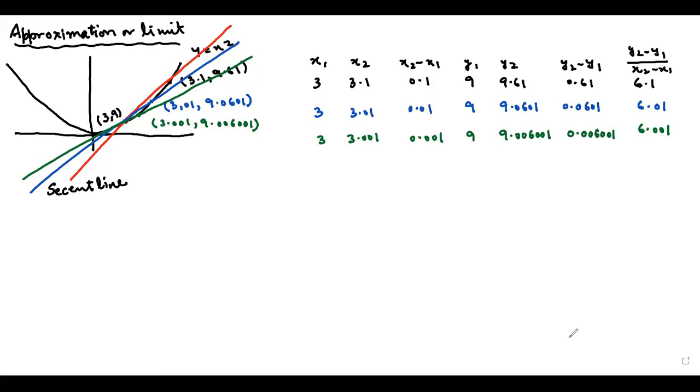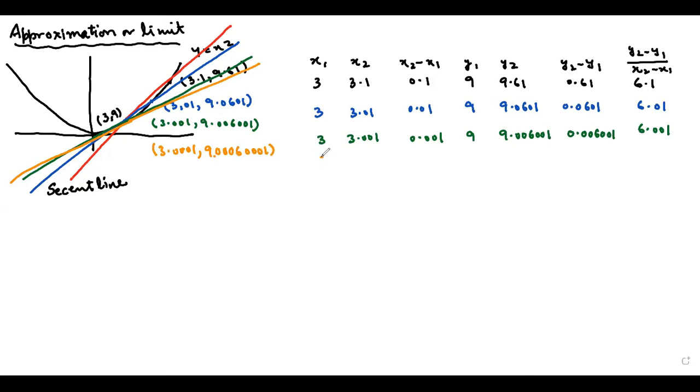Now I will move this point more close to the point P, that is the fixed point. Now 3.0001, 9.00060001.